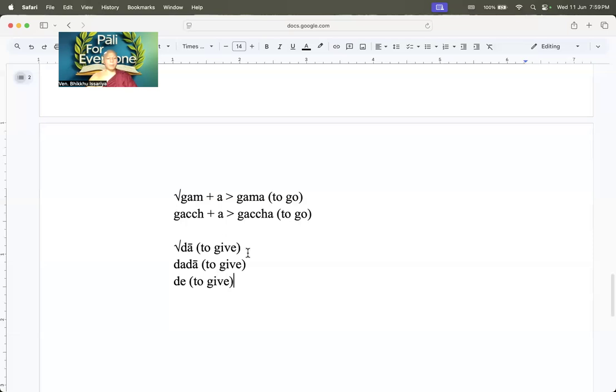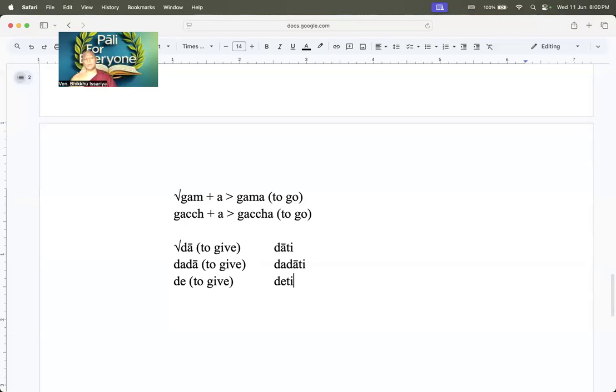So from da we have dadi, from dada, dadati, from de, dedi. In this way they can be found. But which one is common, dadi or dedi? So here there are three forms of that root.